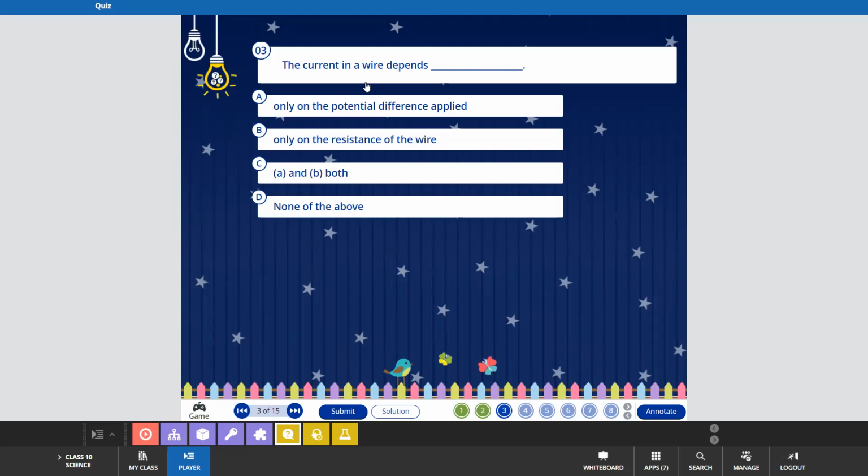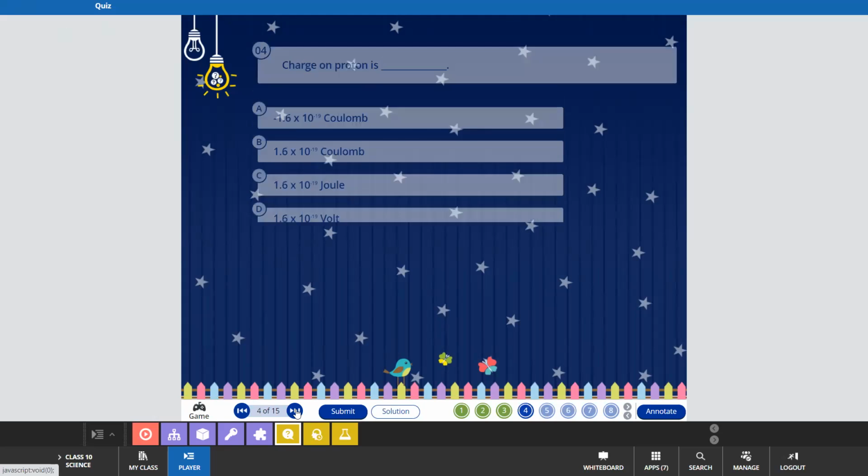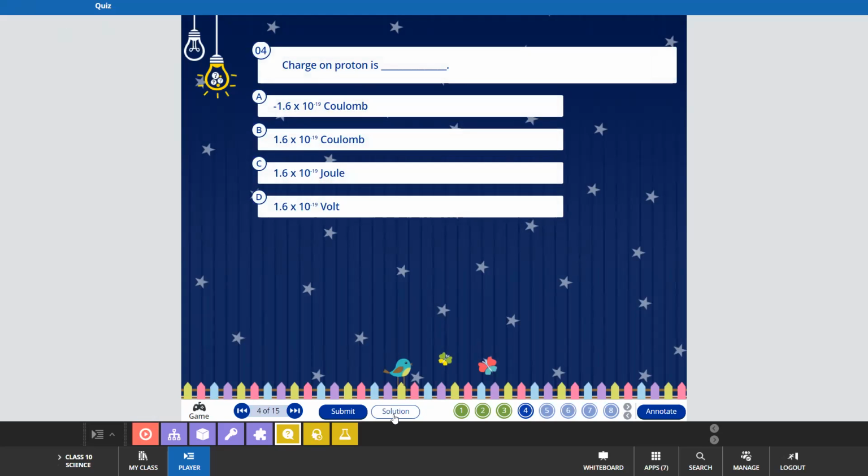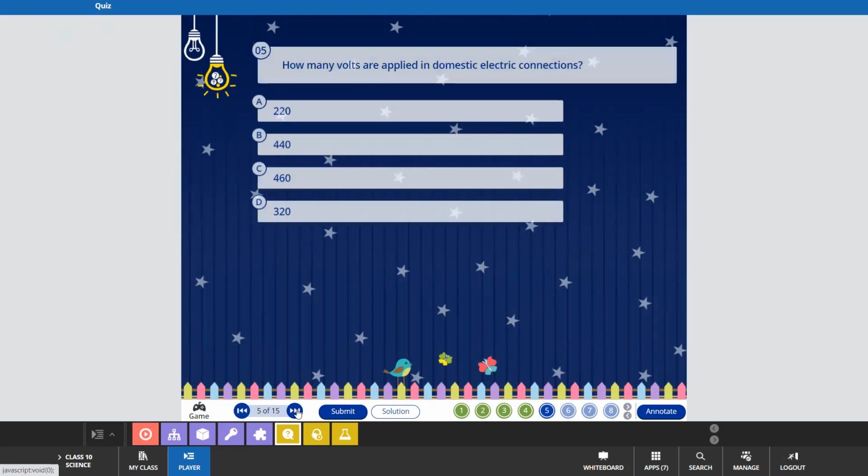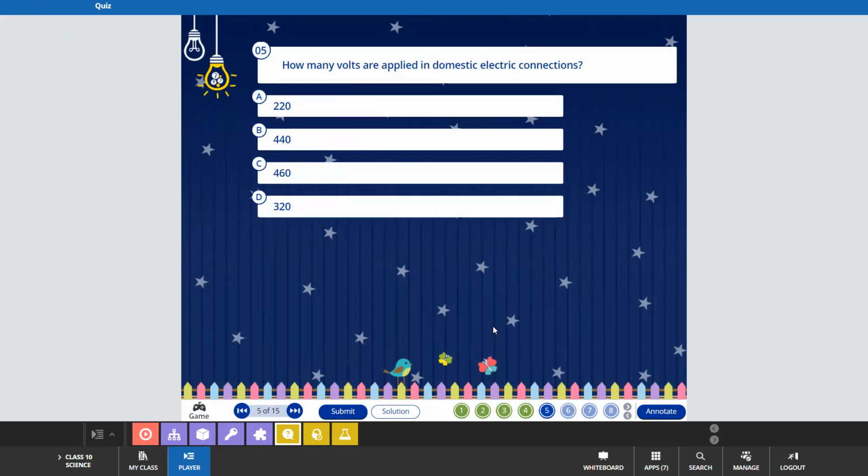Sir, option C. C option. Sir, option C. The 220 volt. 46. It is 220 volt.